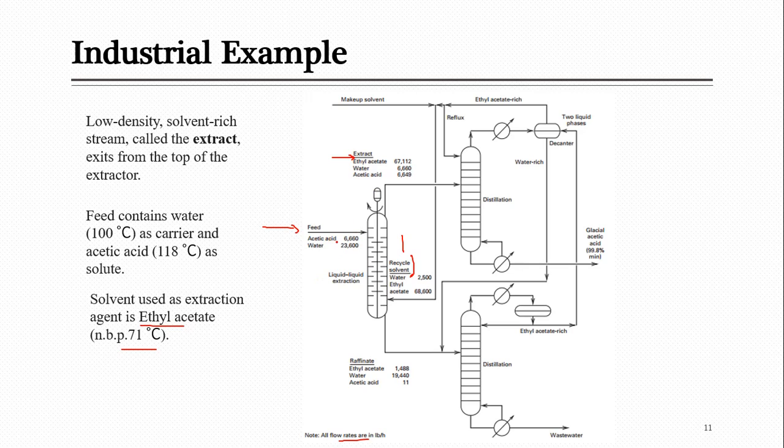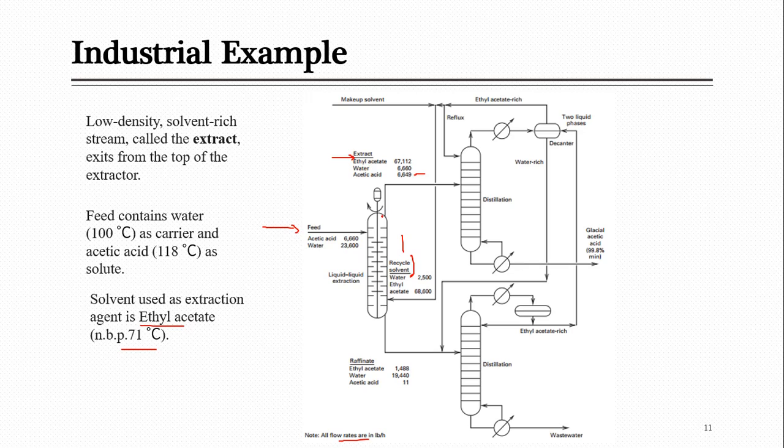But the acetic acid was 6,660 pound per hour, and what is attracted towards this ethyl acetate is 6,649. It means almost 100%, well, not exactly 100%, say 99% of this acetic acid is transferred towards ethyl acetate. So what was our purpose here? To get it separated from water. At least we get rid of it from water. It is transferred now towards the ethyl acetate, which is the solvent.